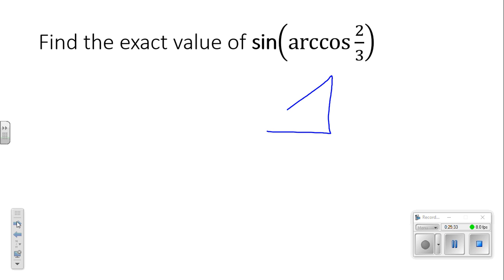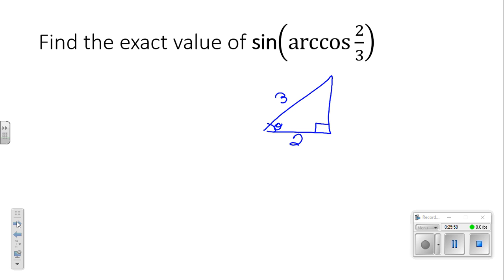Back to our right triangle trig. If this is theta and this is the arccosine, what did the cosine stand for in SOHCAHTOA? Adjacent over hypotenuse. So here's our adjacent, that's the 2. The hypotenuse is the 3. So if we want to find the sine, we need to have the opposite.